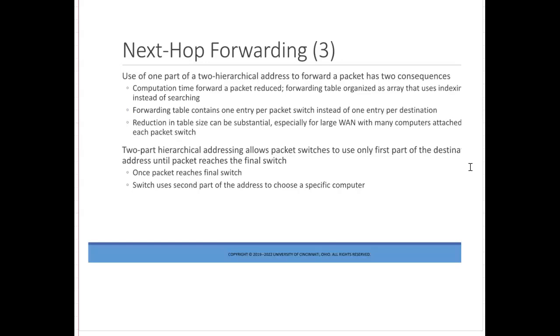The reduction in table size can be substantial, especially for a large WAN that has many computers attached to each packet switch. A two-part hierarchical addressing scheme allows packet switches to use only the first part of the destination address until the packet reaches the final switch. Once the packet reaches the final switch, the packet switch uses the second part of the address to choose a specific computer.